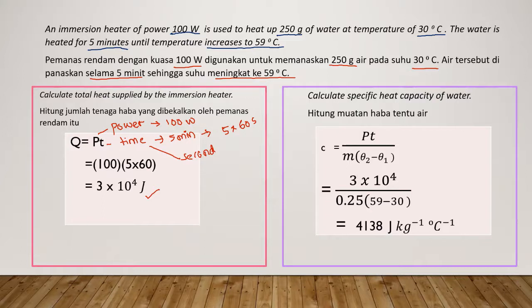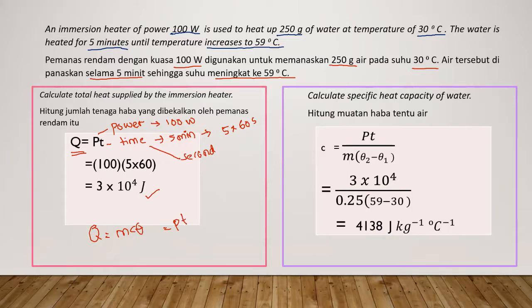Okay, bila kita dah dapat informasi yang penuh untuk dimasukkan ke dalam rumus, 100 darab 5 darab 60, awak akan dapat 3 darab 10 kuasa 4 joule untuk haba, kuantiti haba ni Q. Ini ingat, Q equal to mc theta equal to Pt juga. Ini dia punya persamaan.